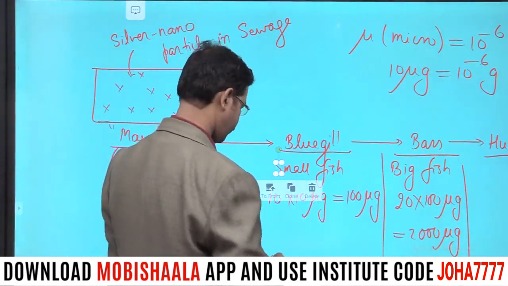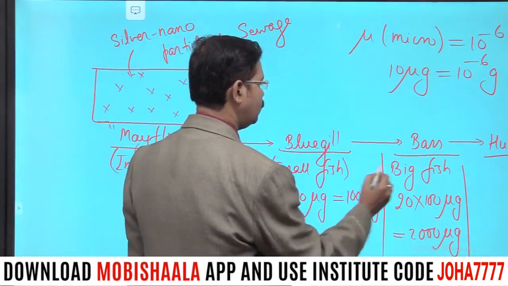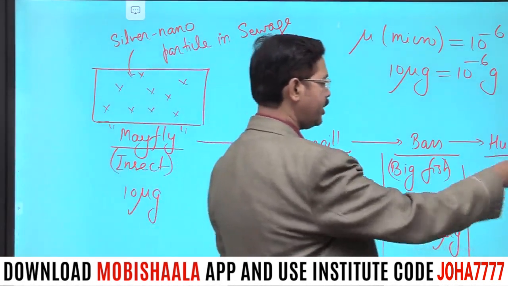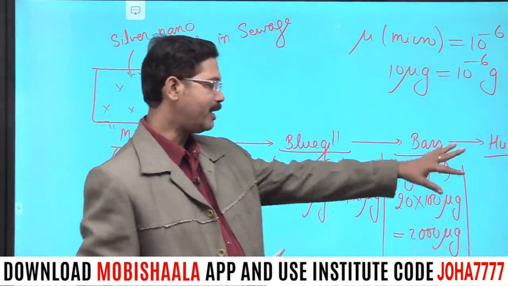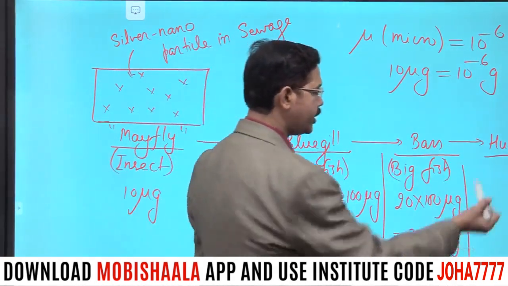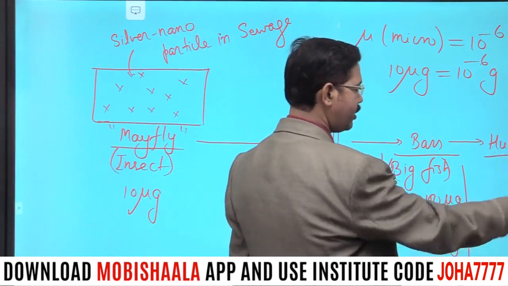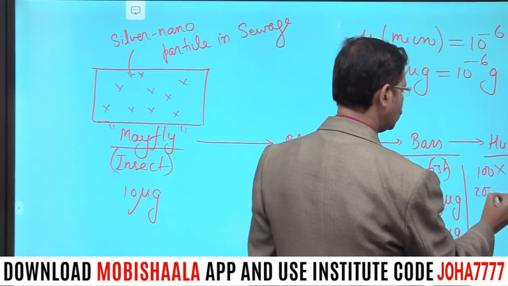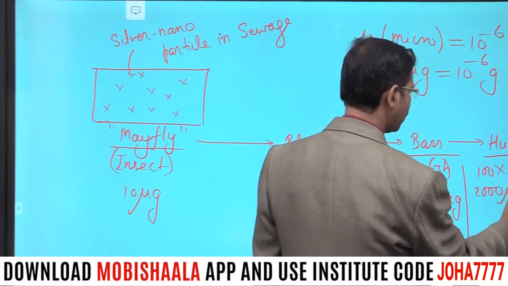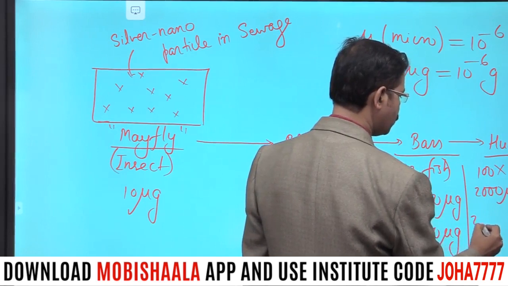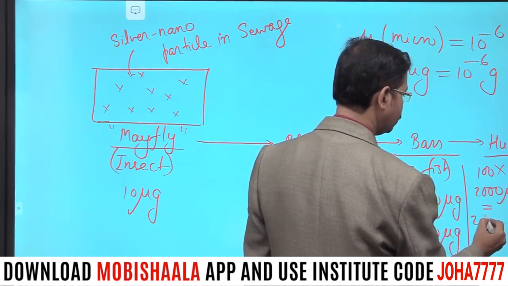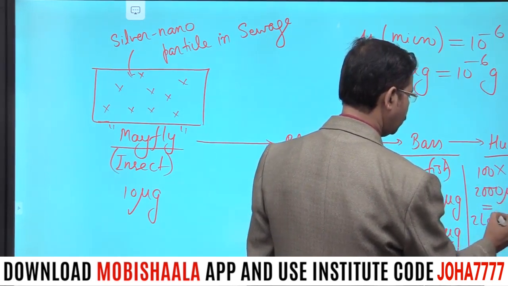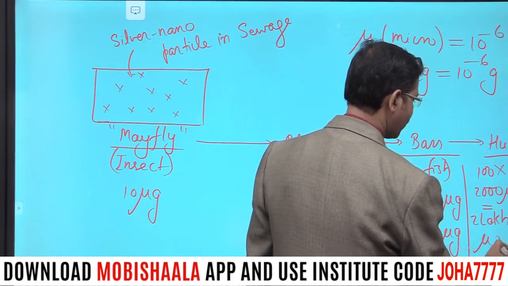This is the small fish, and this is the big fish. Now if a human eats it regularly, suppose in life 100 fish, or 200 fish, 300 fish, whatever. If it is 100 into 2000 microgram, this will lead to 2 lakh microgram.